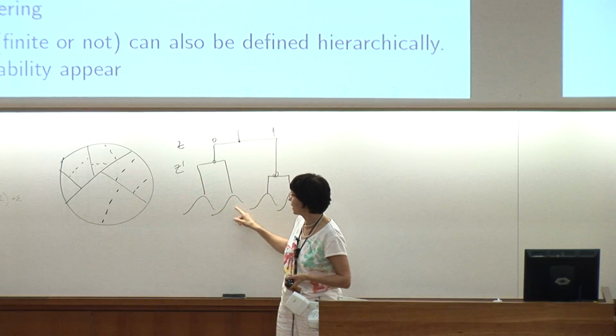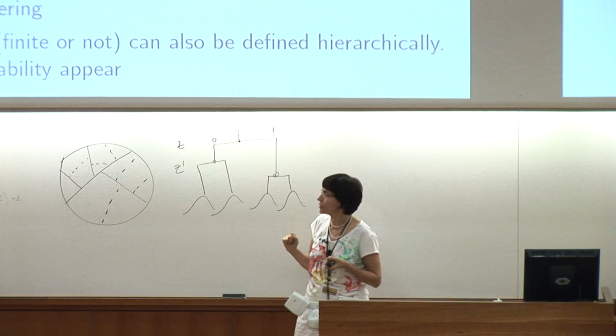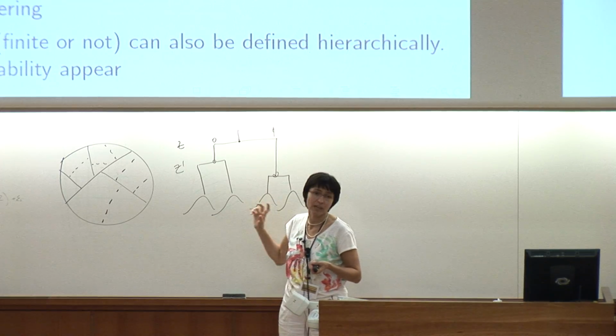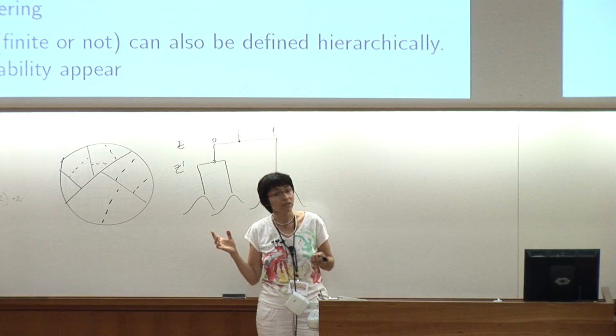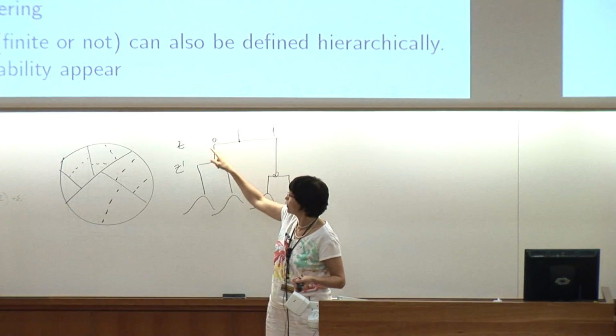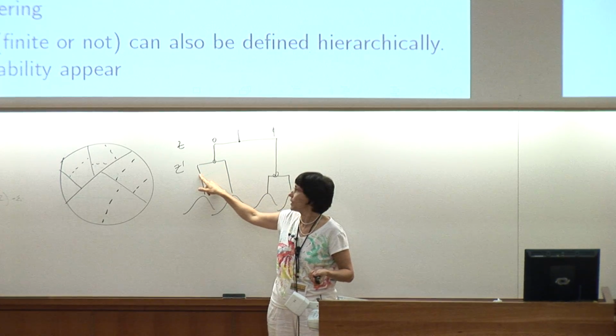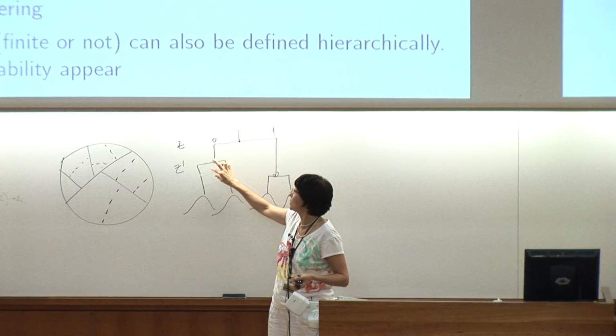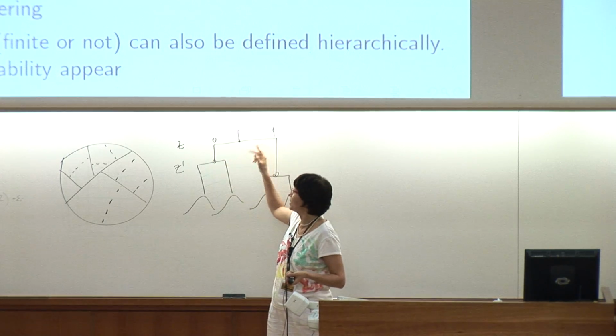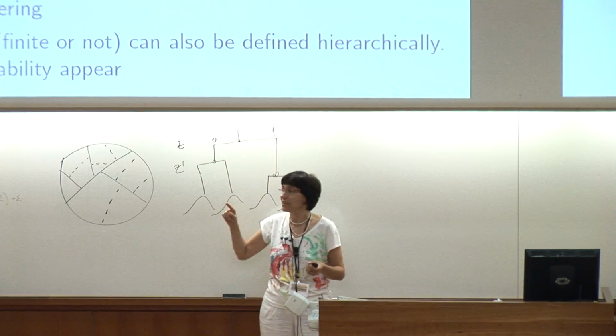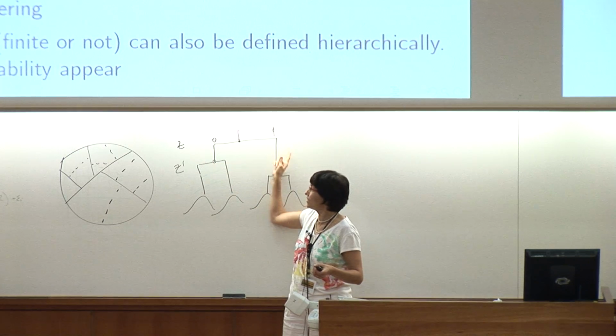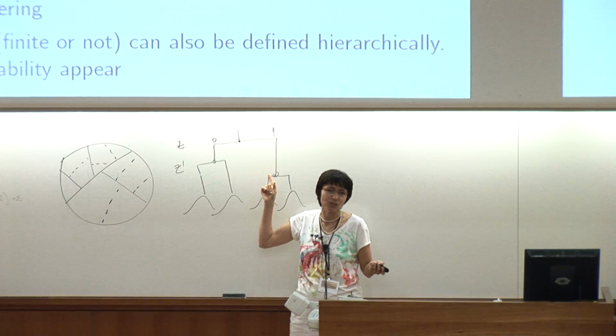Now, when I label these clusters, I have to be careful because it's hard to distinguish, when I observe nothing, whether this is z equals 0, z prime equals 0, or z equals 1, z prime equals 1, or so. None of this is observed, and so it's hard to distinguish between them.